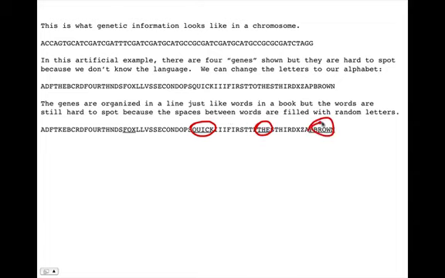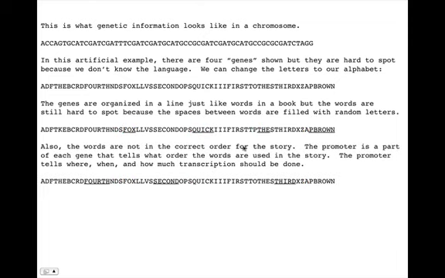Some of the letters are organized into genes. And the genes have two parts. One part is the business part of it. That would be equivalent to the transcription unit that gets the job done. It's the actual word. The transcription is the actual sequence that is used by the ribosome to make insulin.